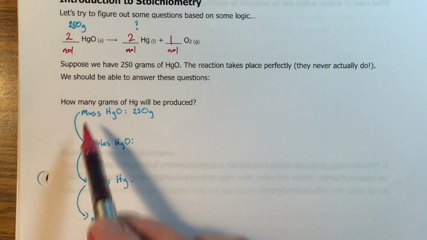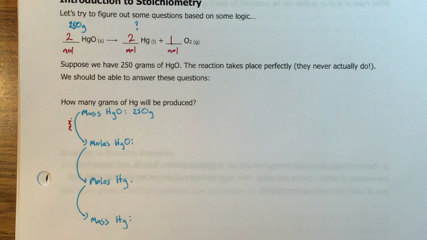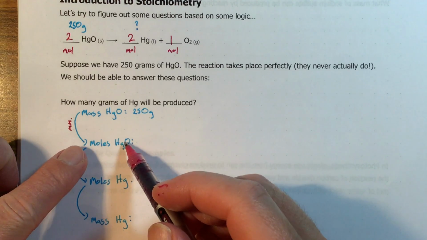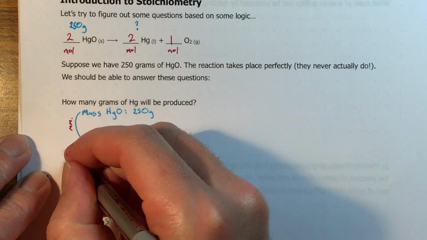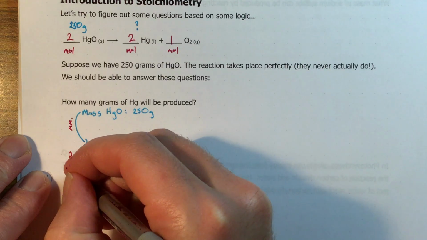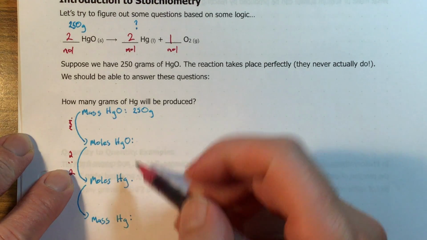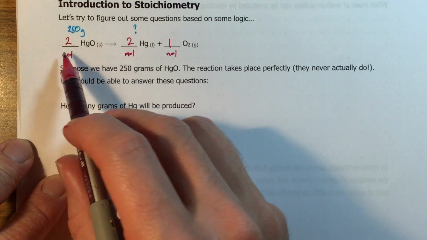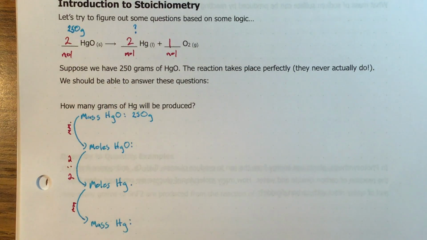So to go from mass to moles, I'm going to use my molar mass. Then to go from my moles of HgO to my moles of Hg, I'm going to use my ratio, 2 moles of HgO to 2 moles of Hg. That's from this chemical equation. Then I'm going to use my molar mass again at the end.